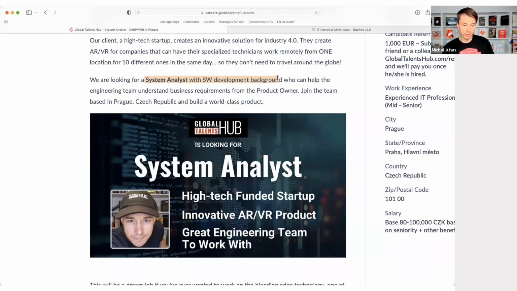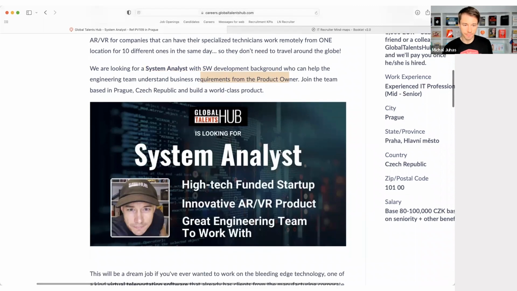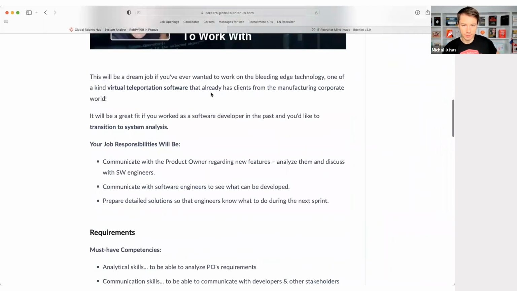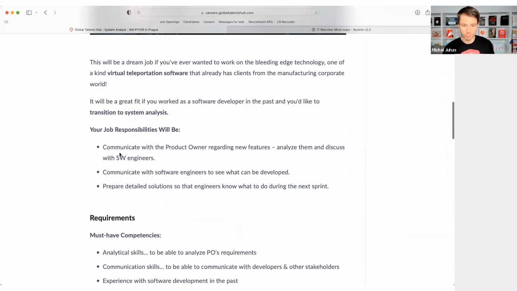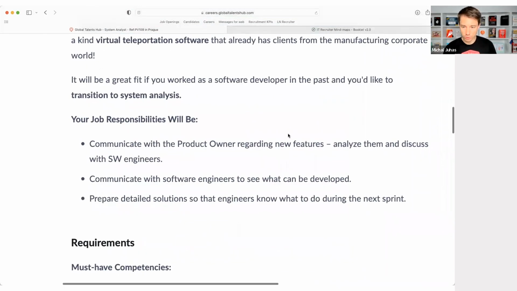And someone who can also understand the business requirements, someone who has experience working with marketing, sales, with other business stakeholders. So the responsibilities will be to communicate with the product owner regarding new features, analyze those features, and then discuss with software engineers. So very straightforward.